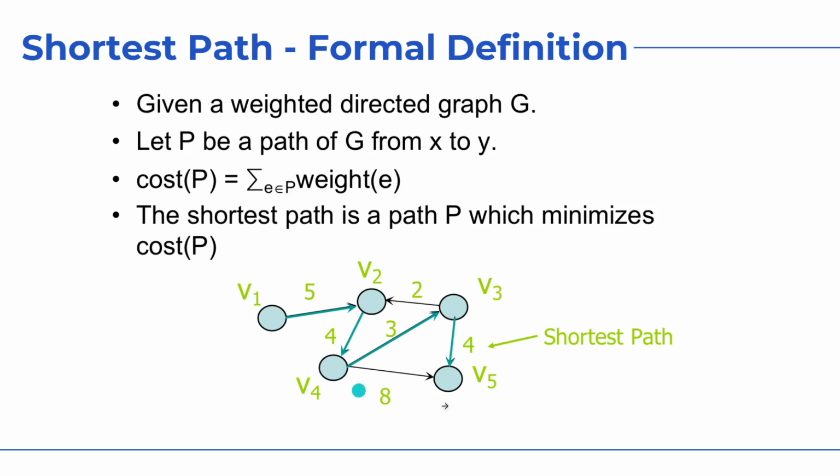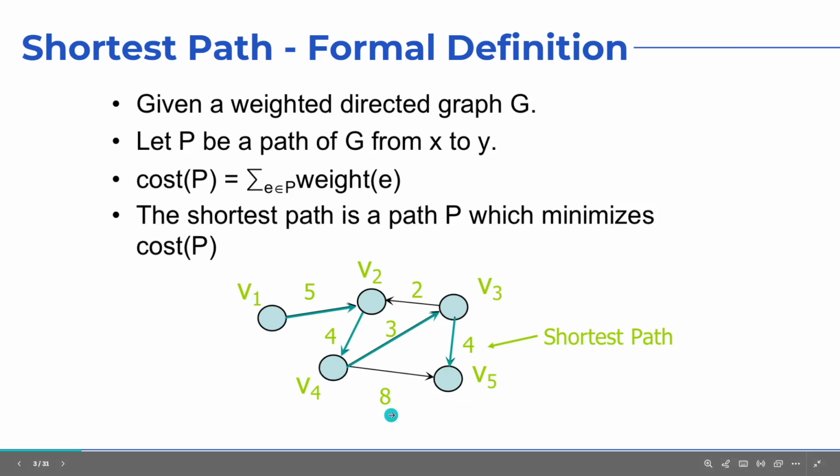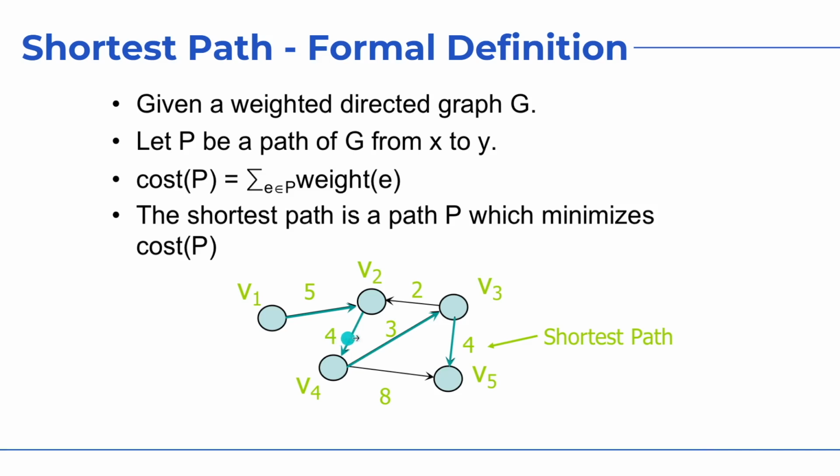And here, as our objective is to find the shortest path, we are trying to minimize the cost of this path. In this case, as an example, you have a graph with 5 vertices, and you could see that this graph is directed, and the weights are given for every edge, and here we have designated vertex V1 as the start vertex. So we start at the start vertex and reach V2.